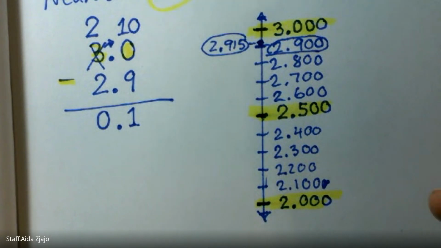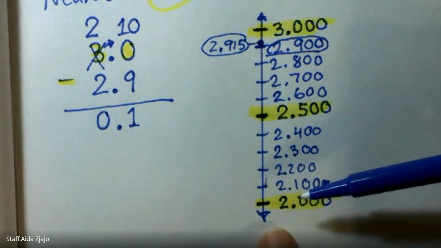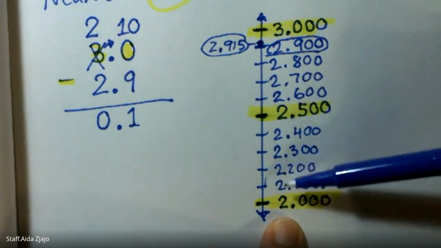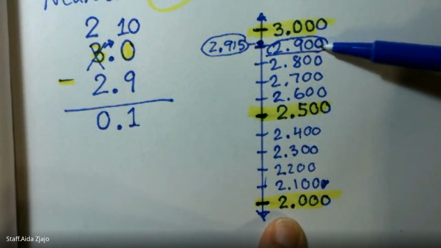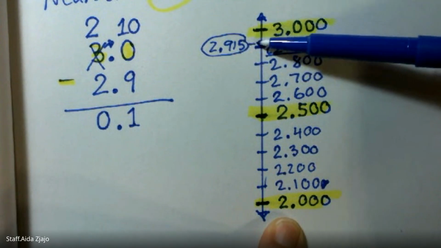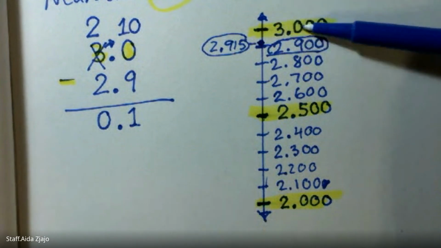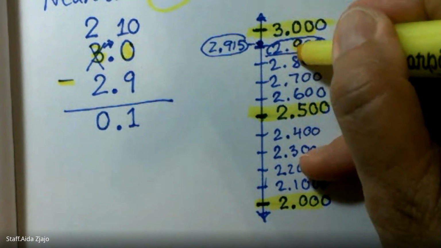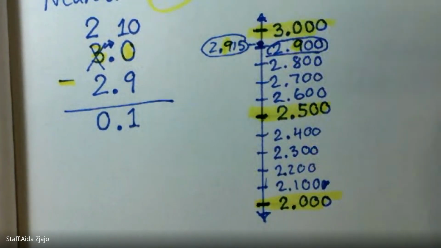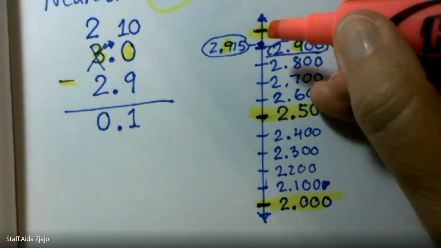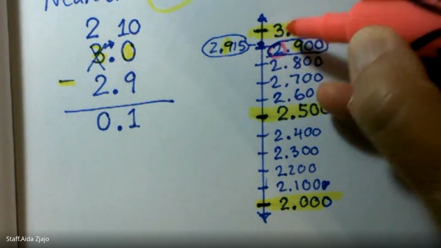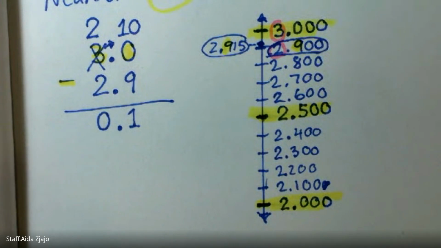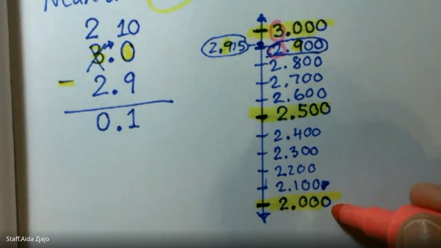But when we are rounding to the whole number, look where that number is. 2.915 is really close to the 3 wholes, because this time we were rounding to the tenths before, and now when we round to the whole number, we round to this one, because this number is much closer to the 3 wholes than it is to 2 wholes.